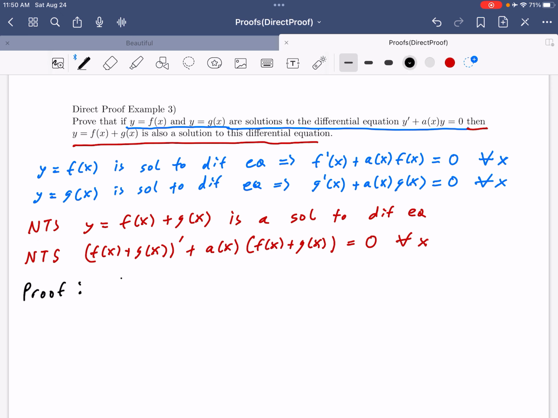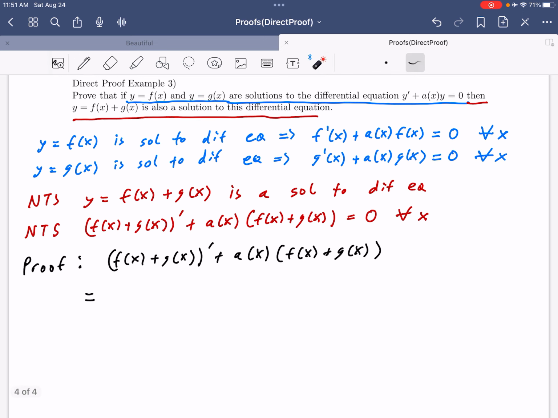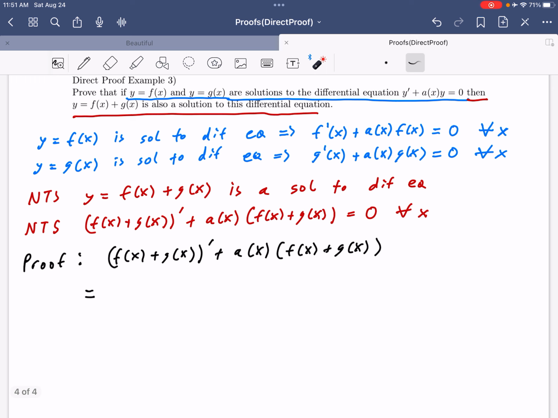We can say f of x plus g of x prime plus a of x times f of x plus g of x. So what can we say that this is equal to, right? Well, this is where we're going to be making use of our mathematical steps or operations. So let's go ahead and do that, right?